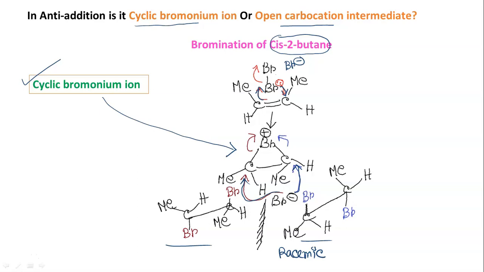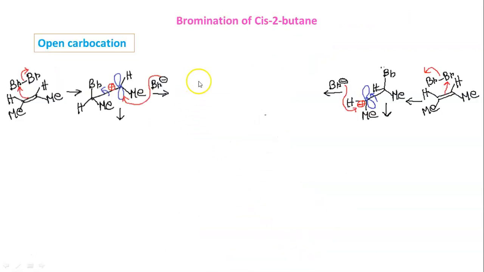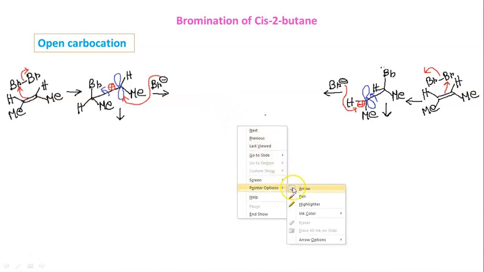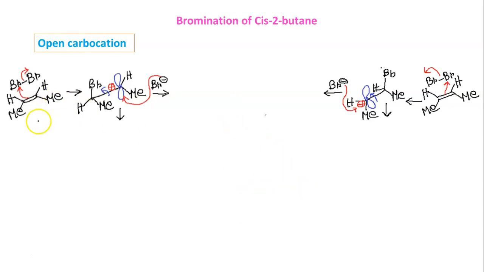Next we will see, if it is an open carbocation, what we are getting. So the next mechanism is through the open carbocation. We have taken this, which is also cis. The difference is that in the first case, bromine is added, suppose this is carbon 1 and this is carbon 2, to carbon 1 and the carbocation is generated at carbon 2.